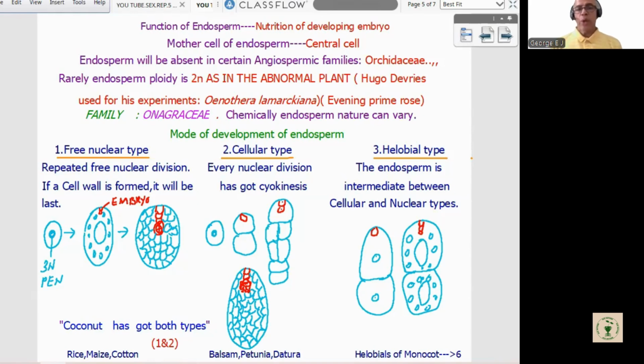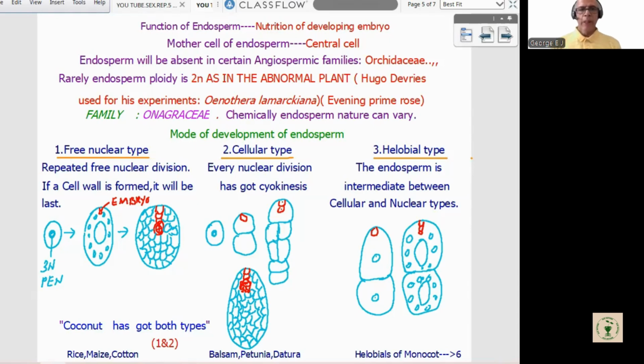Normally endosperm ploidy will be triploid, but rarely it can be diploid also. It is an abnormality. We can easily establish this in a famous plant called Oenothera lamarckiana, evening primrose, the famous plant in which Hugo de Vries worked, where the ploidy of the endosperm is diploid. Not in syllabus, but it is a frequent question for higher level exams.